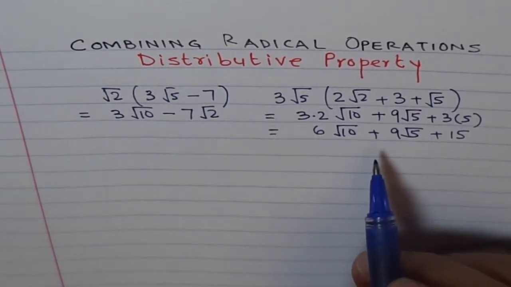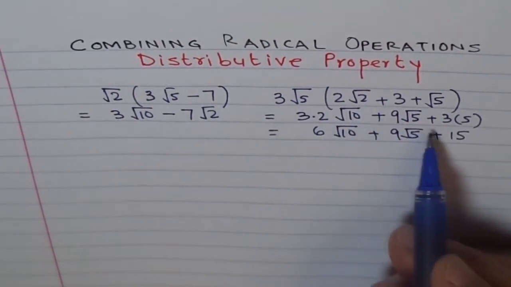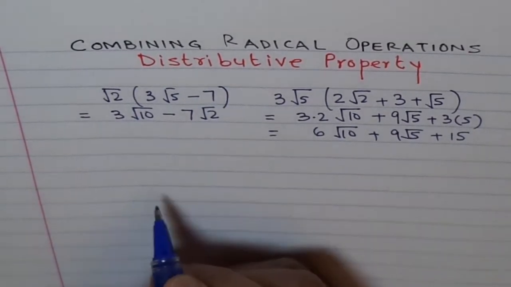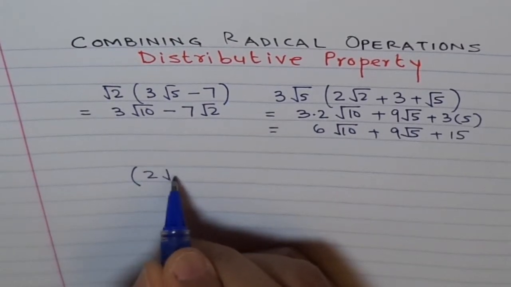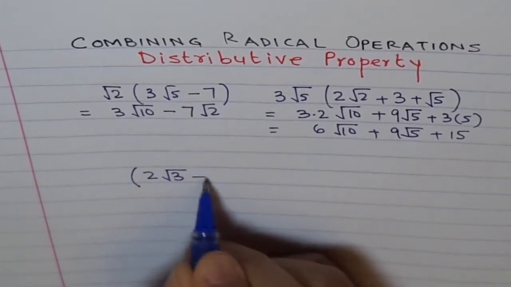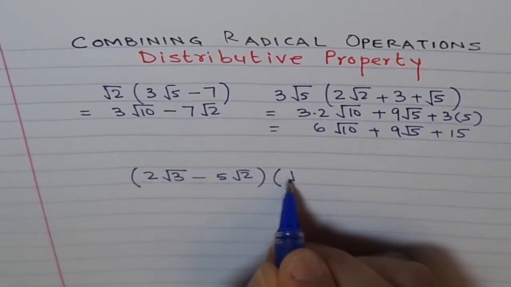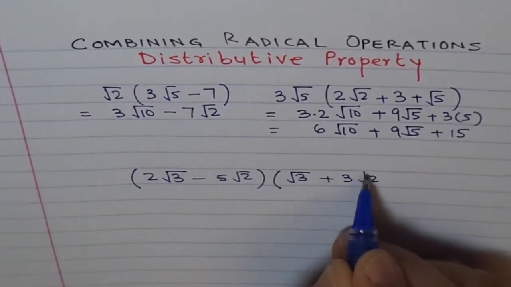Now this is when one mixed radical is being multiplied with 2 or 3 terms within a bracket. Now let's see if we have a set of radicals like this, let's say 2 square root 3 minus 5 square root 2 times square root 3 plus 3 square root 2.